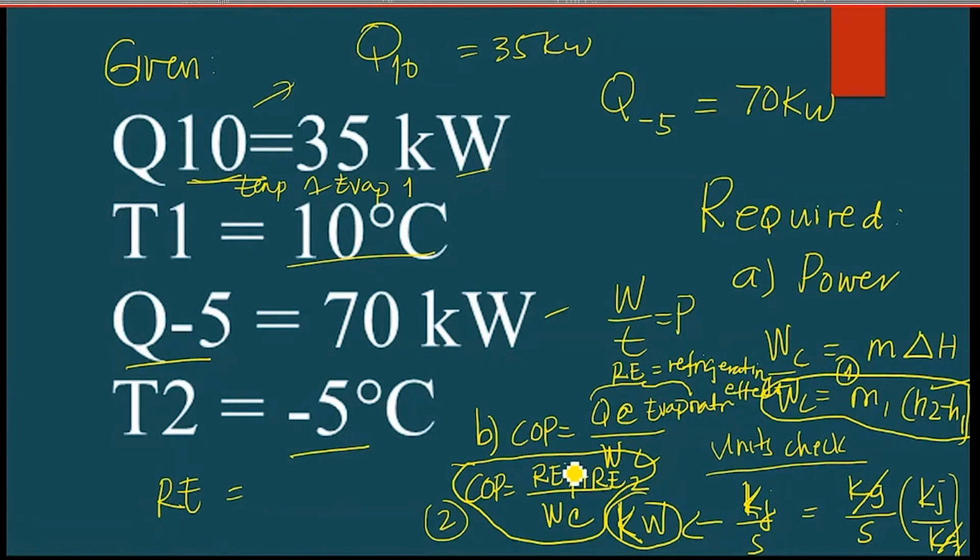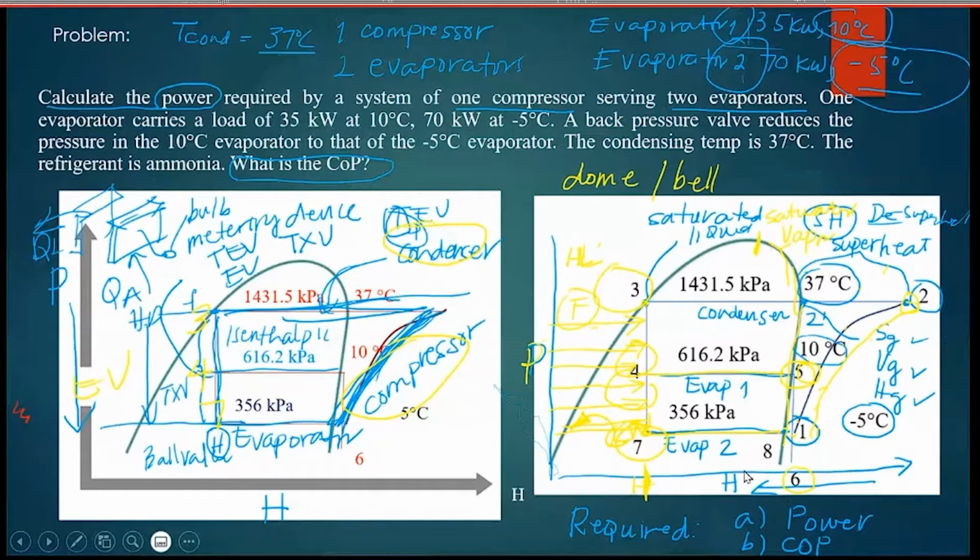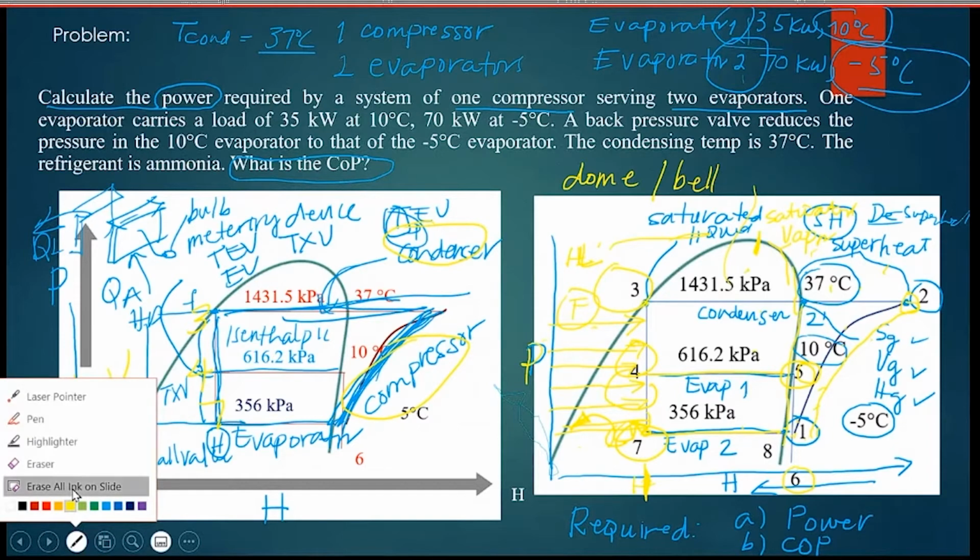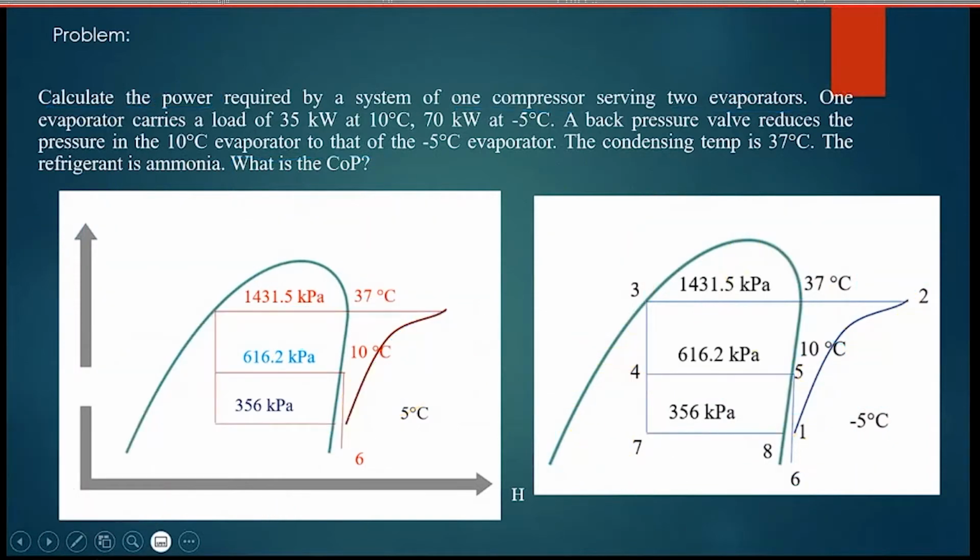So here, refrigerating effect 1 and refrigerating effect 2. Let me show you how to get the formula. Refrigerating effect 1 happens in evaporator 1. Look at this. The refrigerating effect involves points 5 and 4, enthalpy only.